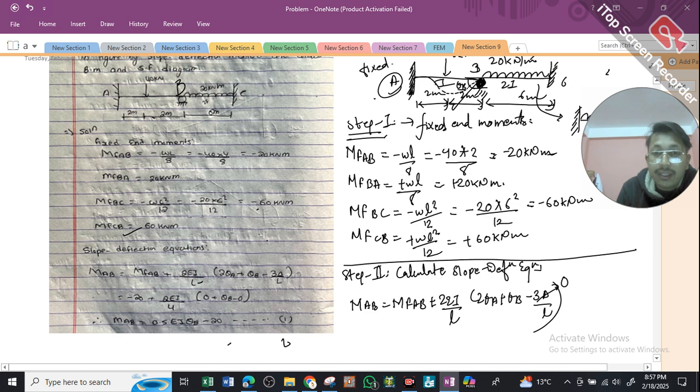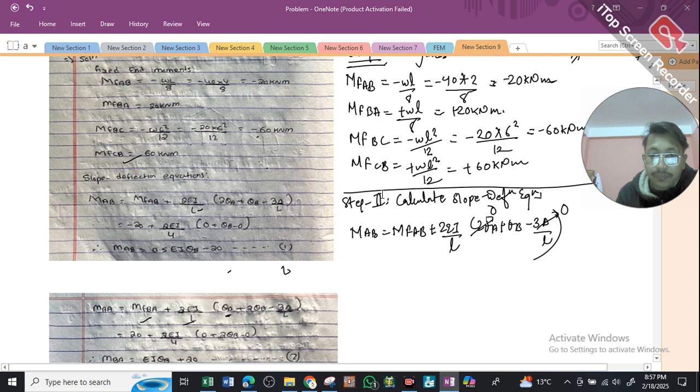Since there is a fixed support at A, but a roller support at B, for the fixed end moments we assumed joint B as a fixed end, but while writing the slope deflection equations we are not going to assume it as a fixed end again. So there will be a rotation caused at B, usually theta B. But since there won't be any rotation at A, we write theta A as 0.